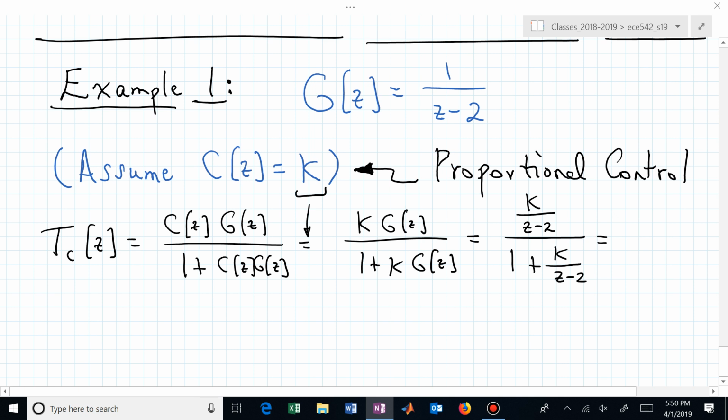And that might look a little odd since we have a ratio of ratios. Let's get everything over the same common denominator.